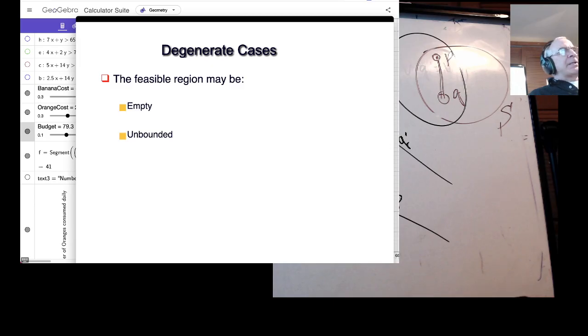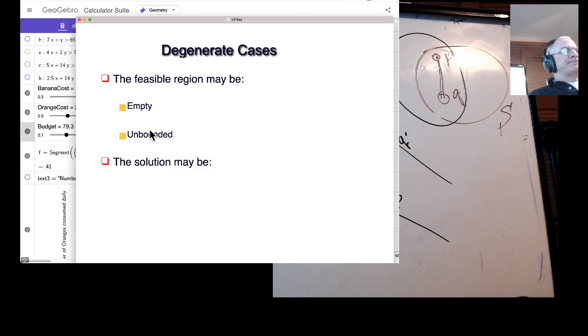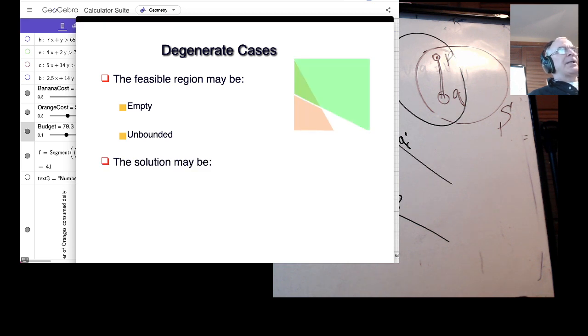What else can happen with a feasible region? It can be empty, or it can be unbounded. The solution might be the intersection of these three half planes. They need to be on the right side of this line, above this line, but also below this line. And it's easy to see that there is no point in the intersection of all the three.